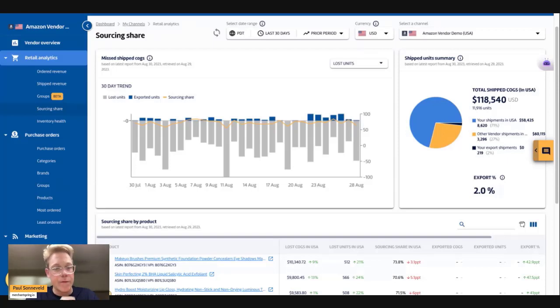So at a manufacturing level, all the demand is there, but at a sourcing level, if you look at France in particular, a country that's outside of your warehouse location, you'll see very little, if nil, ship revenue coming from that country. So technically the charts will be correct, but they will show really large gaps in terms of lost units. And if you were to go to the German vendor account, you will see a high share of exported units as Amazon uses that stock to fulfill demand in other countries.